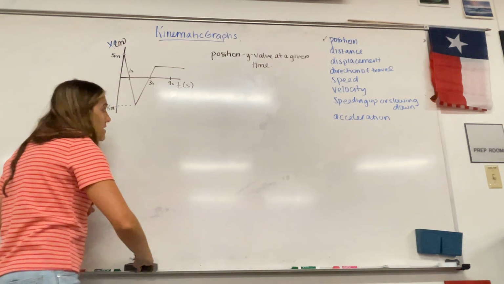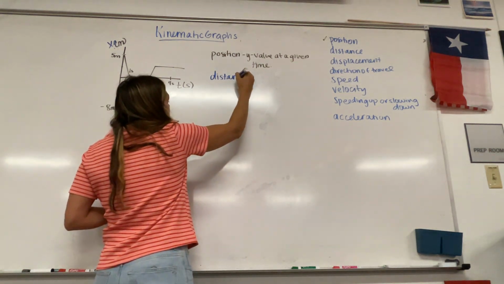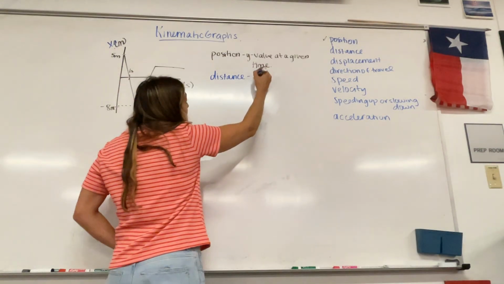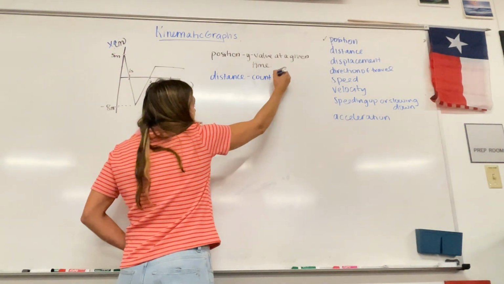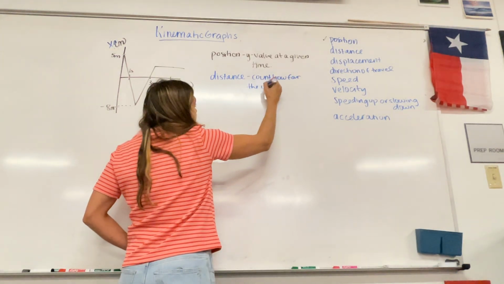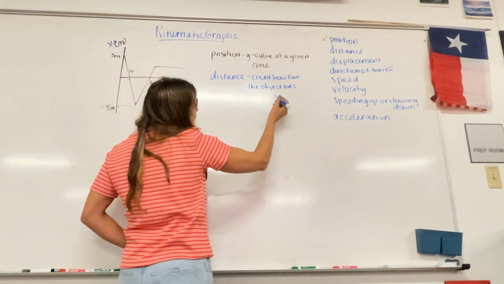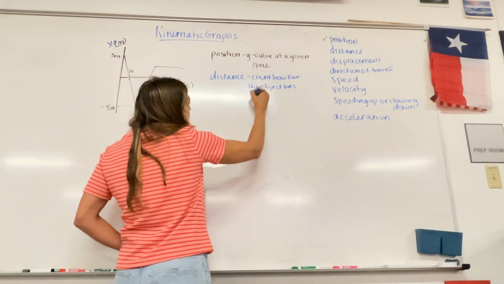All right, that's position. That's pretty easy. Let's talk about distance. So distance, I have to count how far the object has gone. I'm not looking at a specific part of the graph.